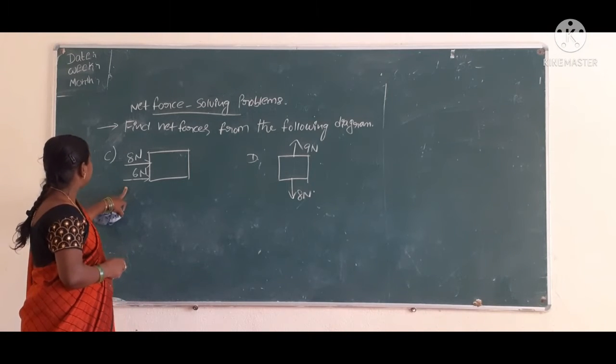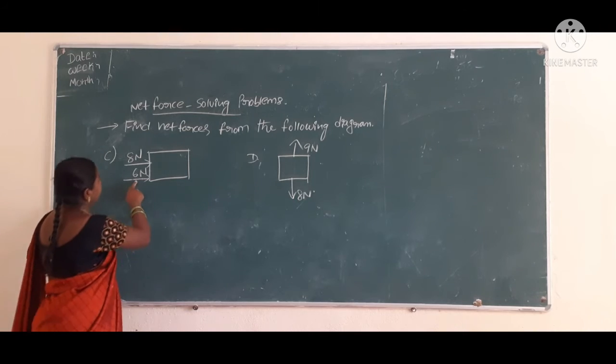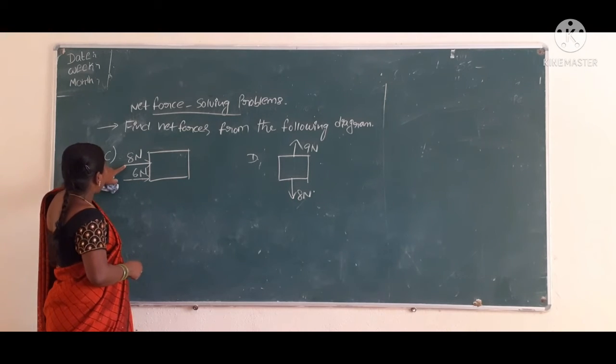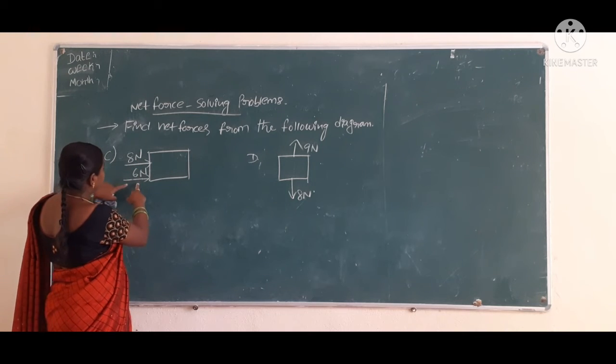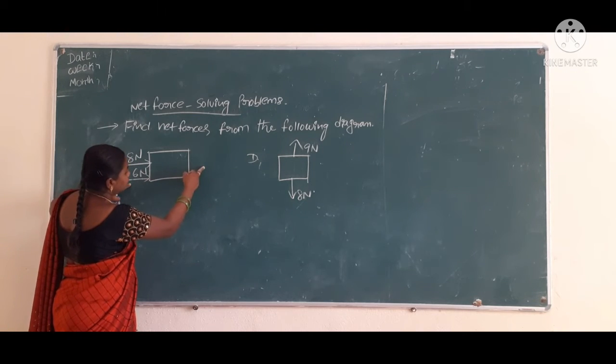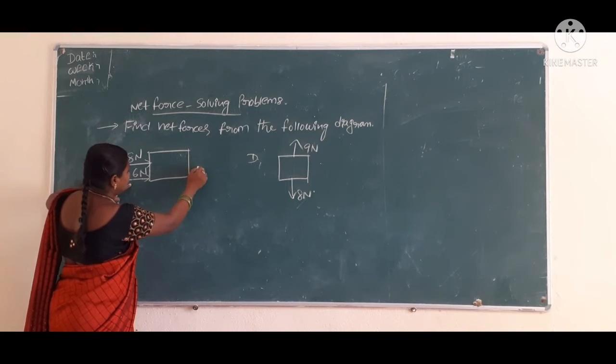Observe the next diagram. On the left side the forces are 8 newtons plus 6 newtons, and on the right side the force is 0.